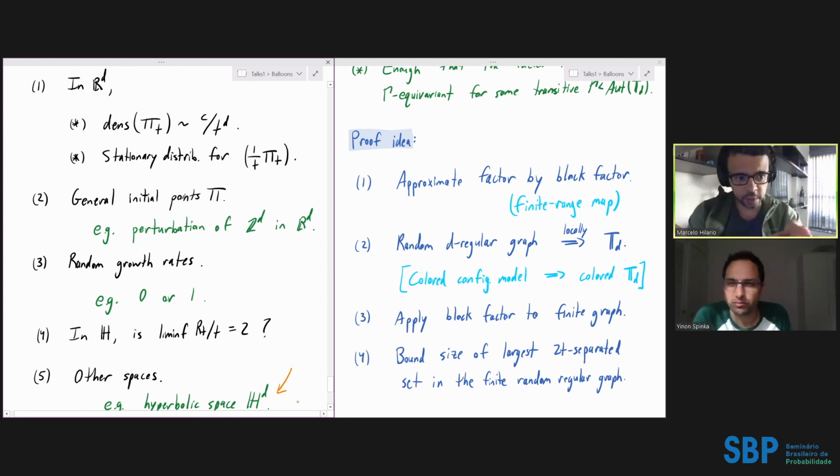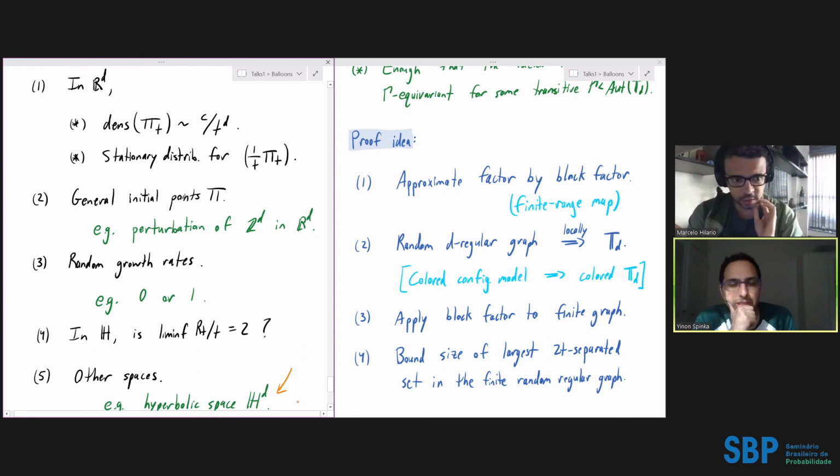All right. So in your second item there, in the open questions, you mean you start with Z^d and then you think of it as a continuum space as well, like you did in the tree, and then you project? No, that's what I meant here. You could do something like that, that's what you suggested, but I meant that the underlying space is still R^d, Euclidean space, but the initial point process, instead of being a Poisson point process, you start with a small perturbation of the lattice, just so it satisfies conditions 1 up to 3 that we had.